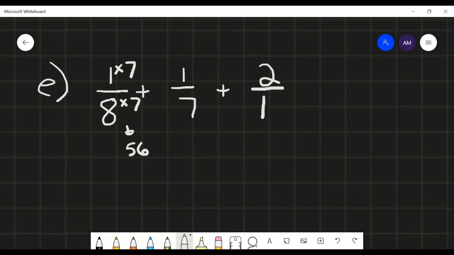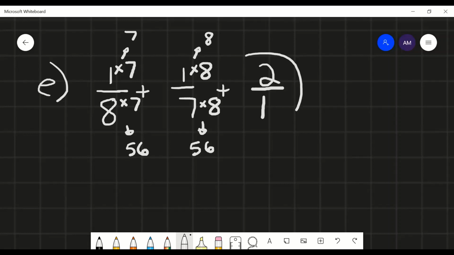Let's run with this idea. Can I multiply something here, 7 times something, and get 56 as well? Well, yes, we can multiply by 8. So 7 times 8, and up here you have to do the same thing, 1 times 8. Now 7 times 8 makes 56. 1 times 7 makes 7. 1 times 8 makes 8.